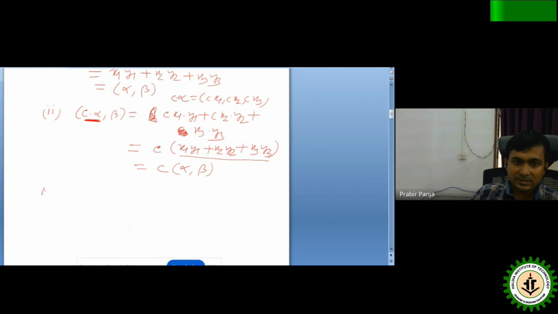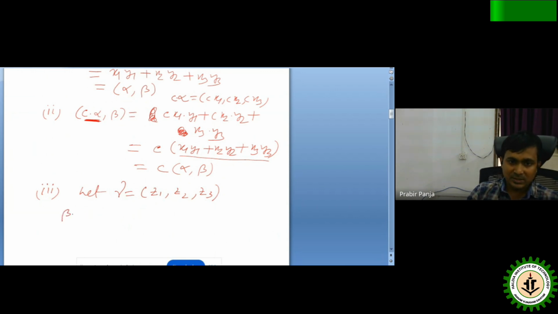Now we'll check the third one. For the third condition, we are taking a new vector gamma as z1, z2, z3, another new vector. So whenever we do beta plus gamma, it will become y1 plus z1, y2 plus z2, then y3 plus z3.